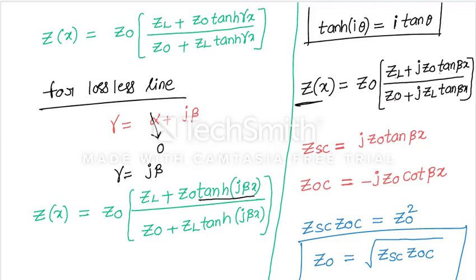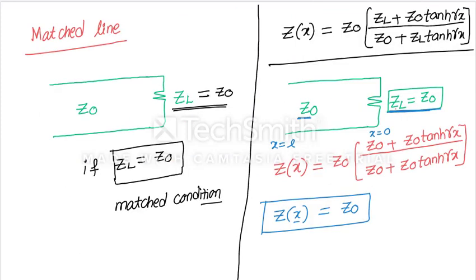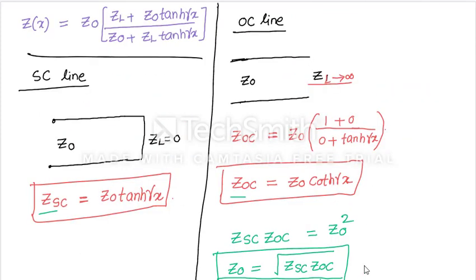The characteristic impedance of a transmission line is the geometric mean of the open circuit and short circuit impedances, the same relation we have seen earlier also. This relation is valid for lossy as well as lossless lines. This is the characteristic impedance.